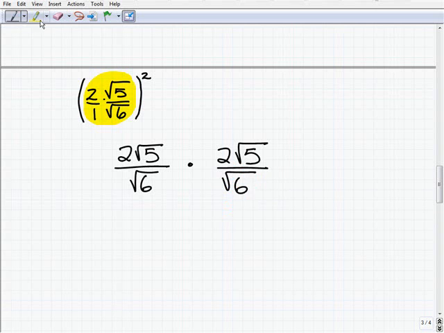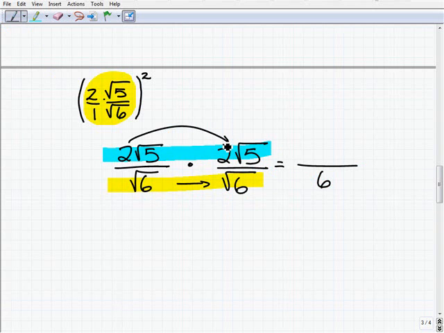Now, it's just like when you rationalize. Numerators times numerators, denominators times denominators. So the square root of 6 times the square root of 6, the radicals go away. This is simply 6. Now here we have to multiply the numbers times one another. Just to make sure you understand that, 2 radical 5 is the same thing as 2 times radical 5.